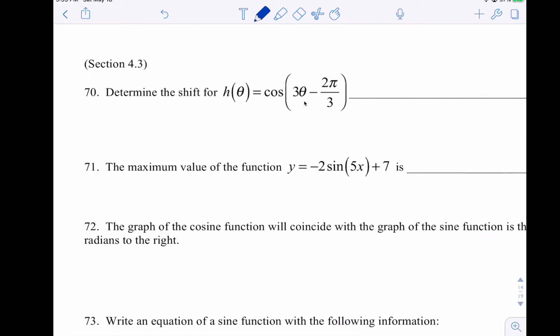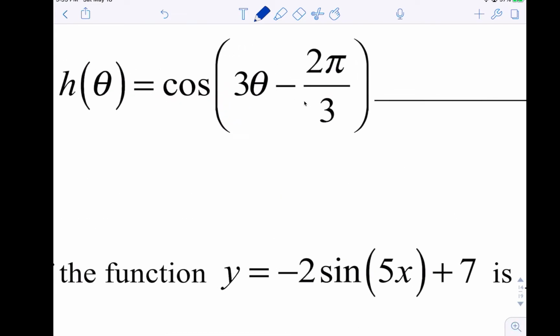All right, so 70 says determine the shift for h of theta. I'm going to take out a 3. So 2 pi over 3 divided by 3 is 2 pi over 9.